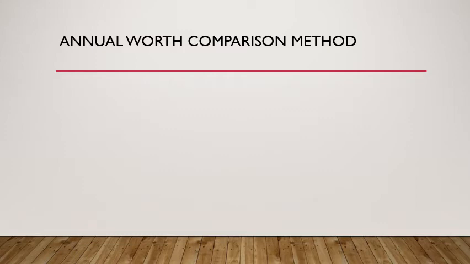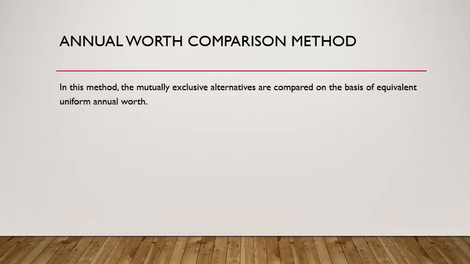This is the third method, the annual worth comparison method. In this method, we convert every cash flow into its basic equivalent uniform annual worth. If it is P, I convert that into A. If it is F, I convert that into A. If it is A, I retain it as A. That is the layman's level of understanding the annual worth comparison method.